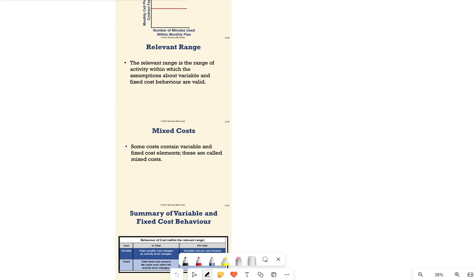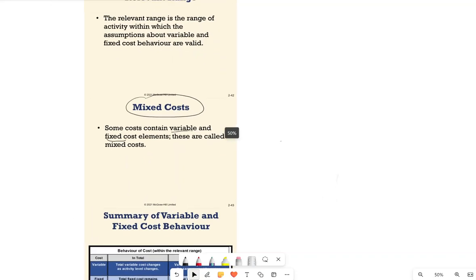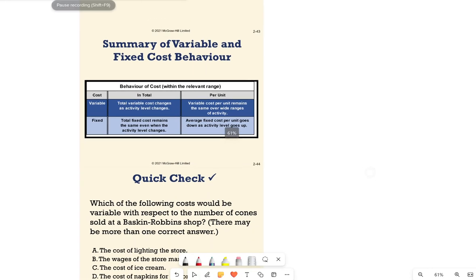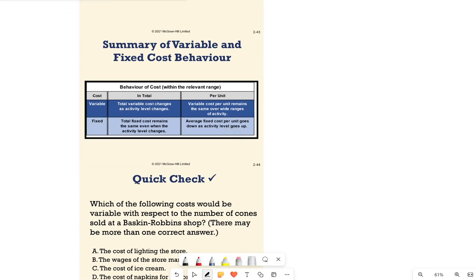We were talking about the mixed cost. When you have a mixed cost, the cost has both a variable component and a fixed component, and that's why it's called a mixed cost. This is just a summary of variable and fixed costs, in total and per unit.